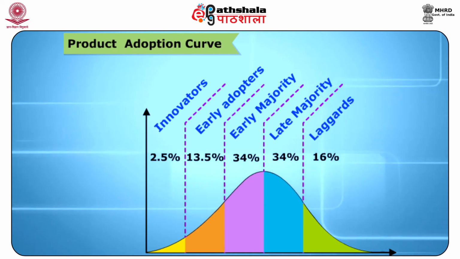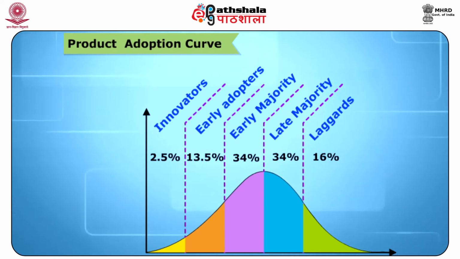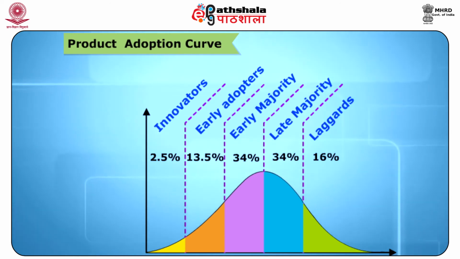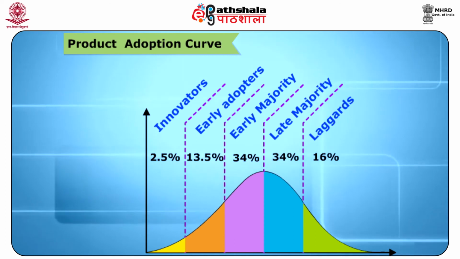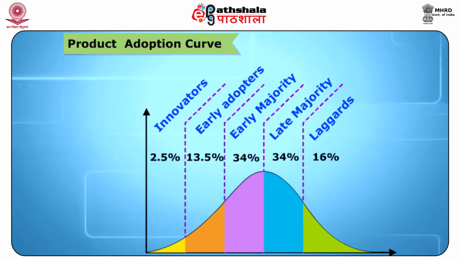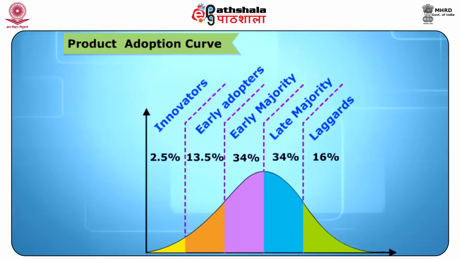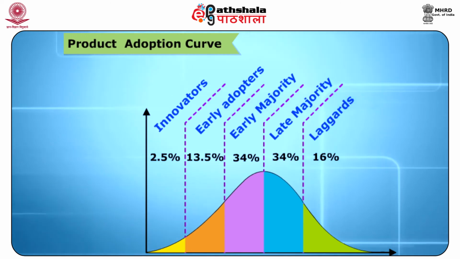The first initial portion of the bell curve, given in yellow, is that of innovators, which constitutes 2.5% of the total. 13.5%, given in orange, are the early adopters.